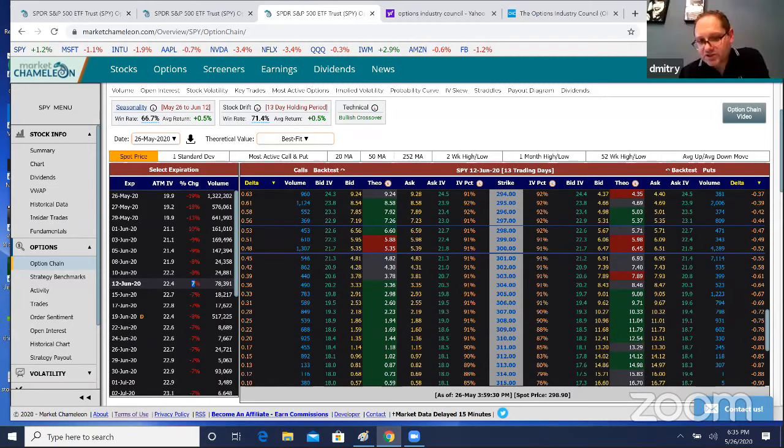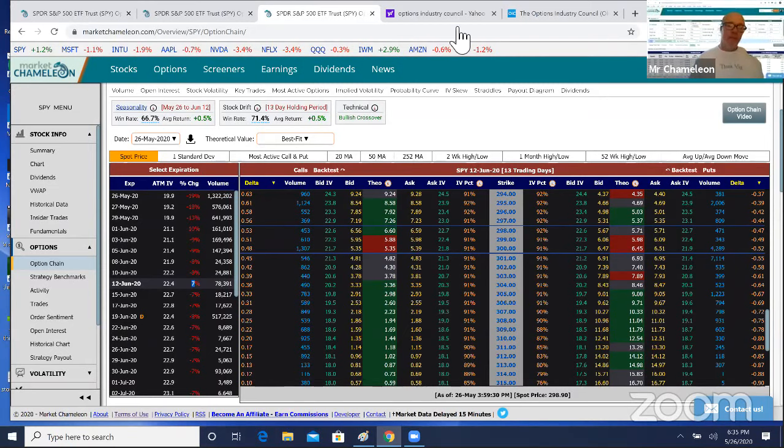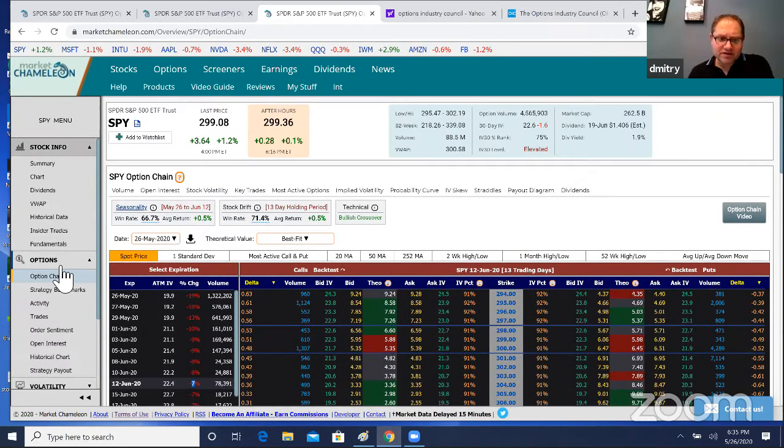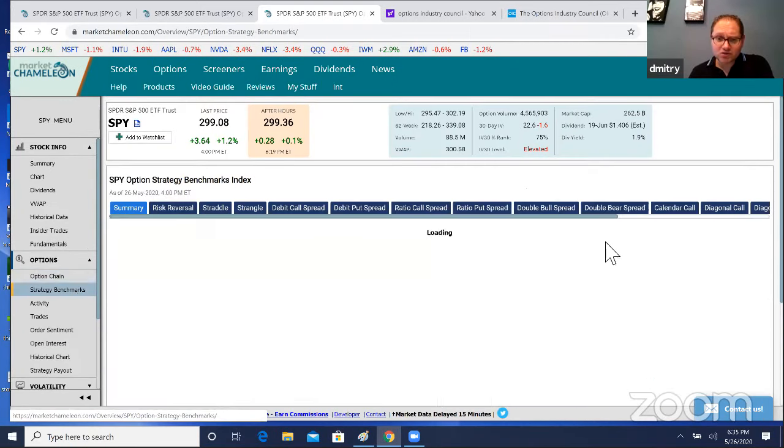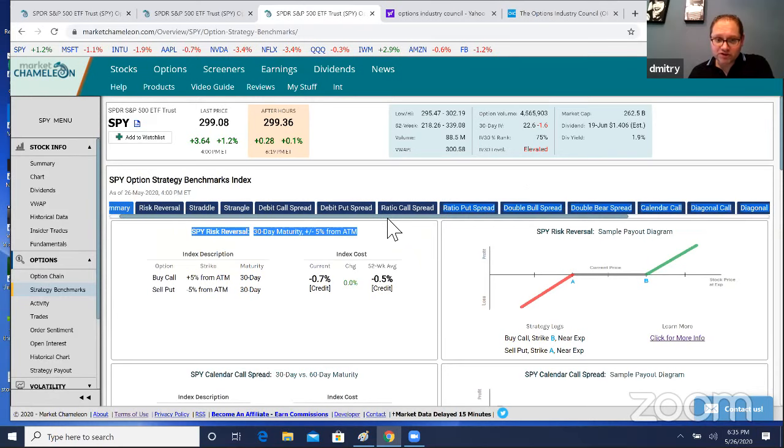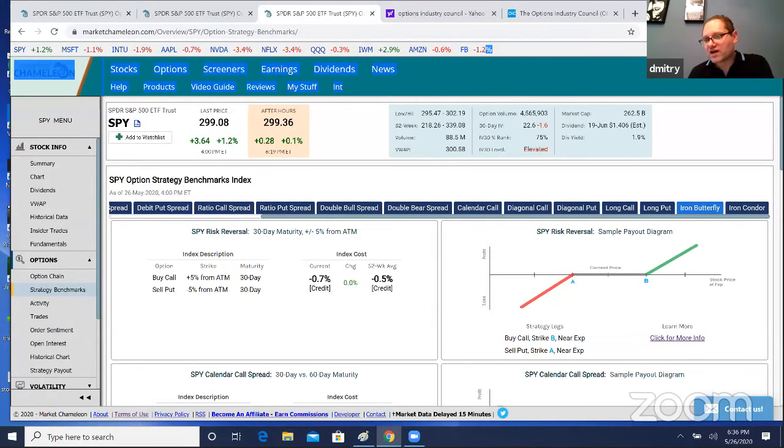You mean like the stock is just kind of bouncing around one place? Yes. Sure. So the first one that comes to mind, if you really think it's just going to sit in one place and you want defined risk, is a butterfly or an iron condor.